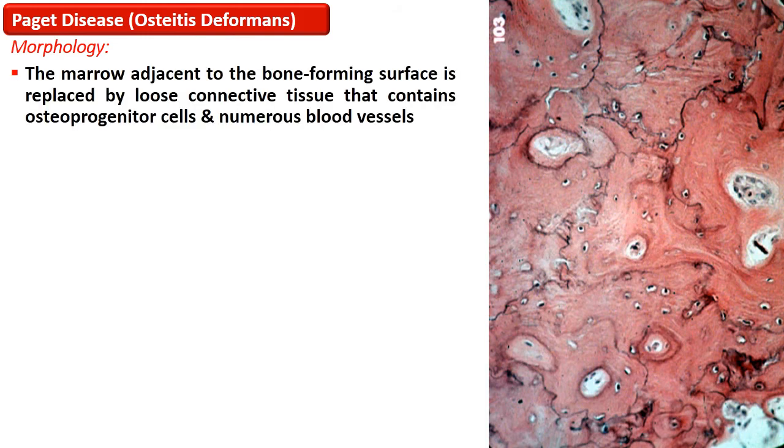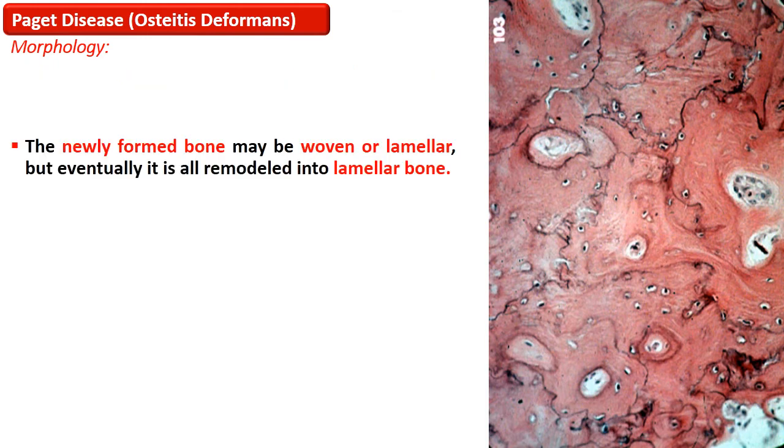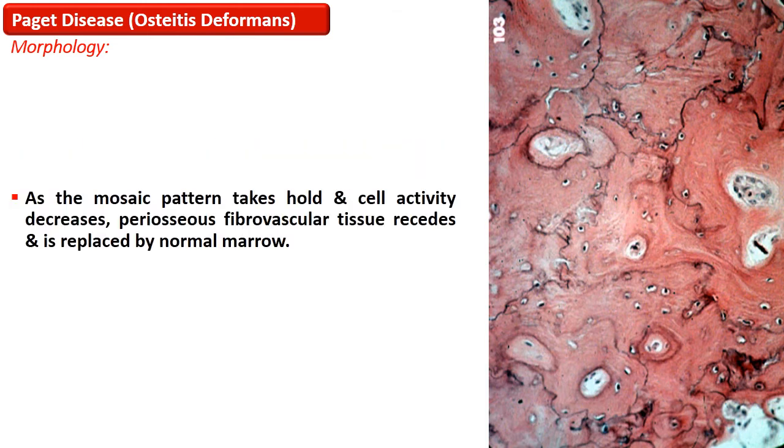First, there is replacement of marrow adjacent to the bone forming surfaces by loose connective tissue that has osteoprogenitor cells and numerous blood vessels. The woven bone is formed first and ultimately it is replaced by lamellar bone. As the mosaic pattern predominates, the cellular activity is diminished, the periosseous fibrovascular tissue moves back and normal marrow is restored.